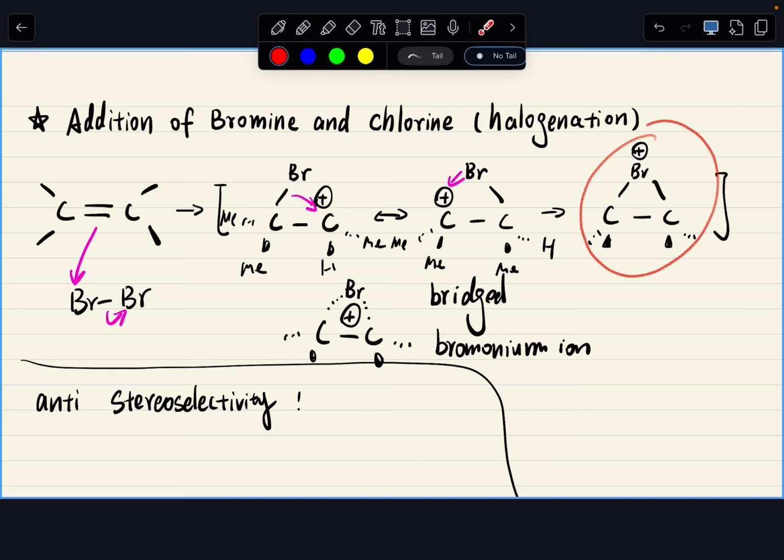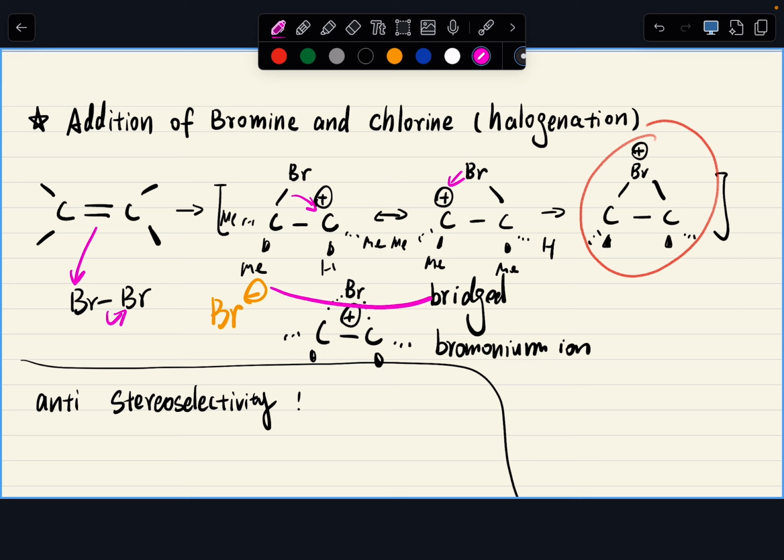But now, in this bridged bromonium ion, when my nucleophile approaches the carbon center, the top face is being blocked because of that bridged bromine group. So if you imagine another Br minus approaching, it can only approach my carbon center from the bottom.